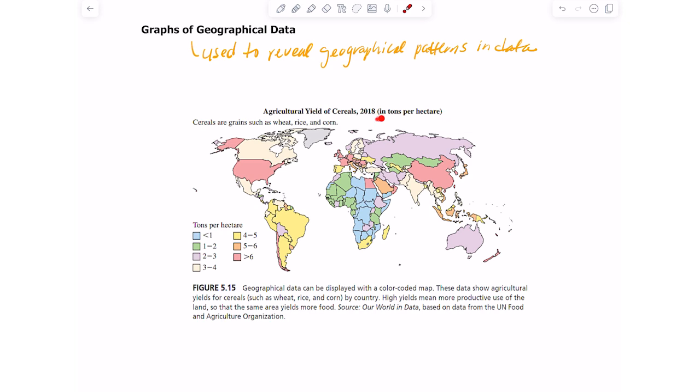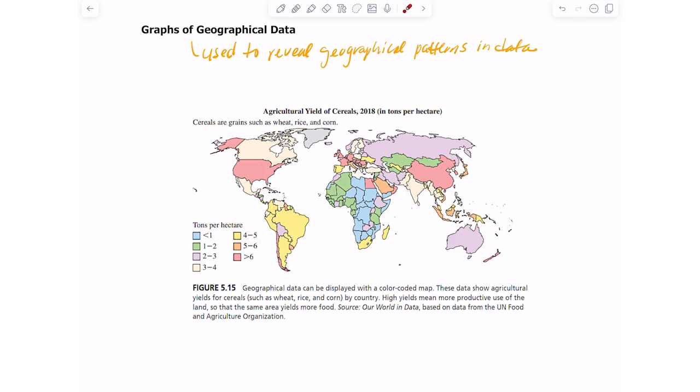A hectare is similar to, I think it's around 2 acres. It's like 2.471 acres to be exact. So, they're talking about how much cereal they're yielding per 2.471 acres. And the cereals they looked at were grains like wheat, rice, and corn. And they show the whole world and how much they're producing.